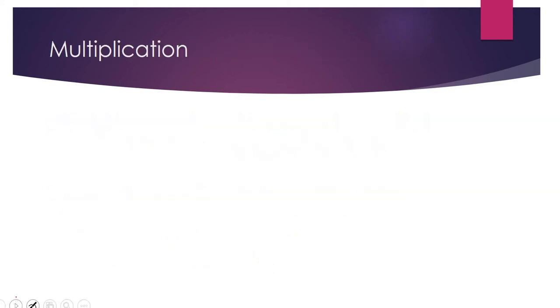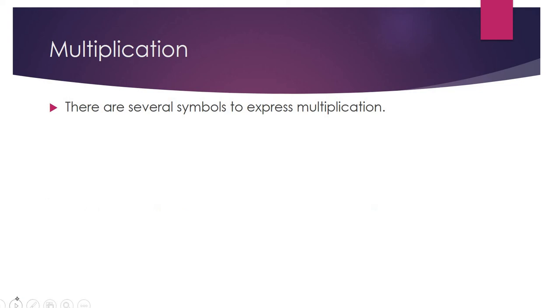So, let's talk about multiplication as an operation. There are several ways to express multiplication. You have all used the x for a multiplication symbol, 3 times 2. We've also used a dot for 3 times 2, and we've used parentheses for 3 times 2.